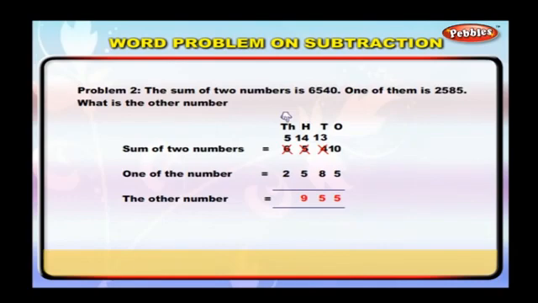You have 5 in the thousands column of the greater number. 5 minus 2 is equal to 3. Write 3 below the thousands column. So, 6,540 minus 2,585 is equal to 3,955.